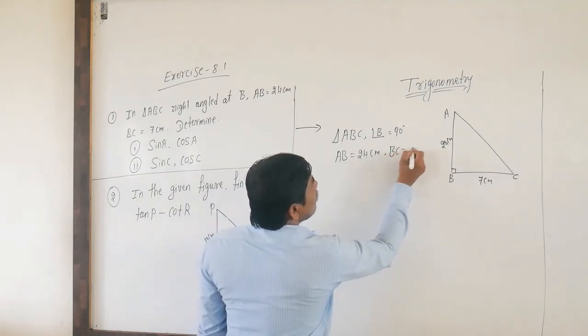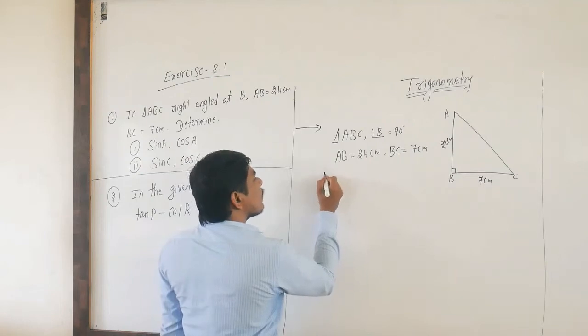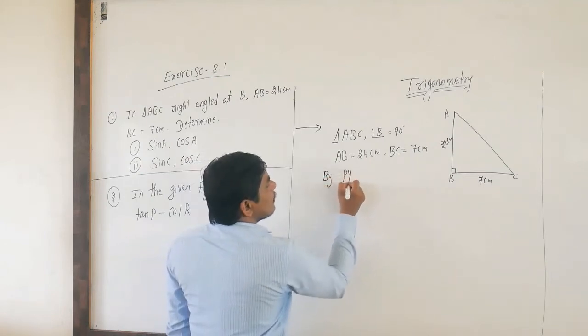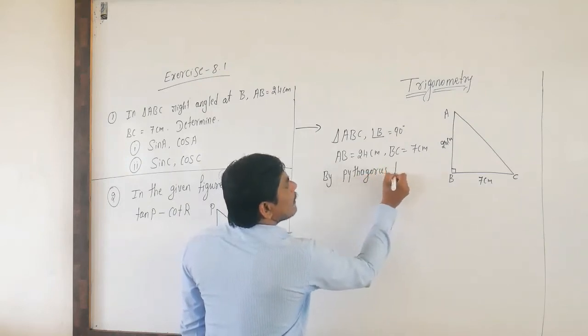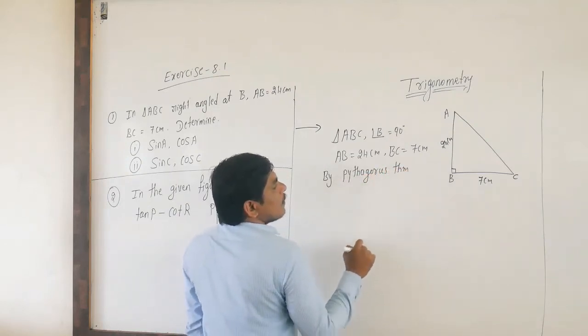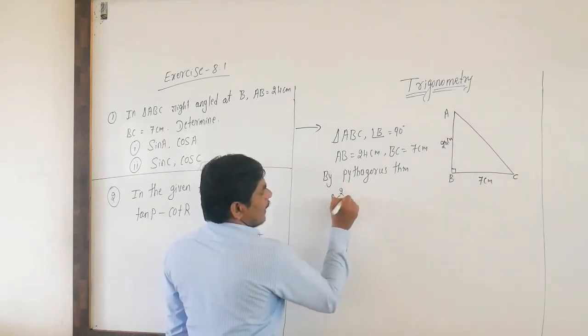Then BC is equal to 7 centimeter. By using the Pythagoras theorem, we are calculating the AC length. Here the hypotenuse side is AC.